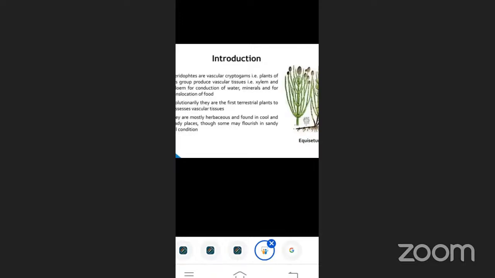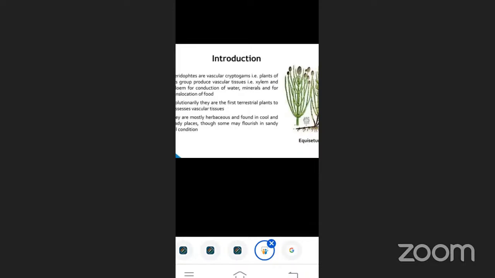For example Isoetes. This one is a semi-aquatic plant. Isoetes panchananii is a very important and common amphibious pteridophyte. This one is amphibian, so it can grow in water as well as on land.